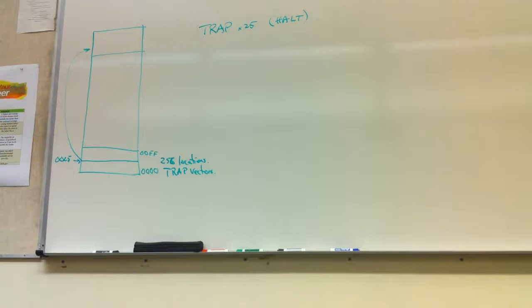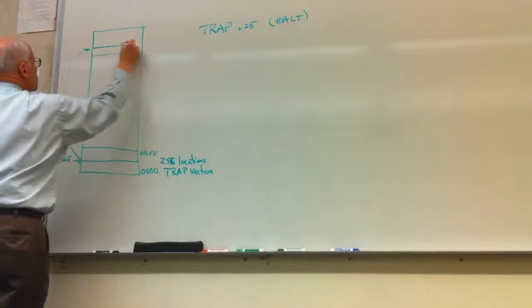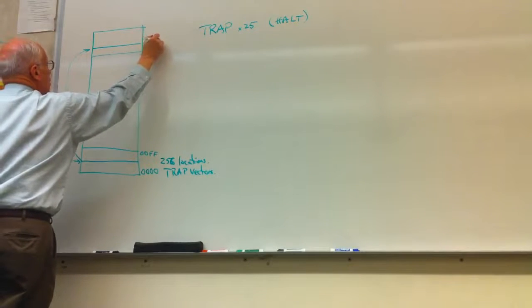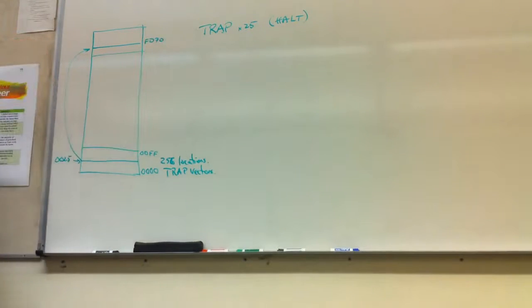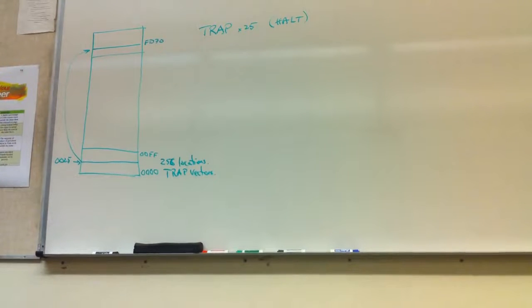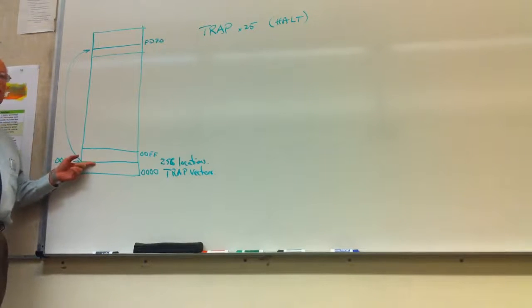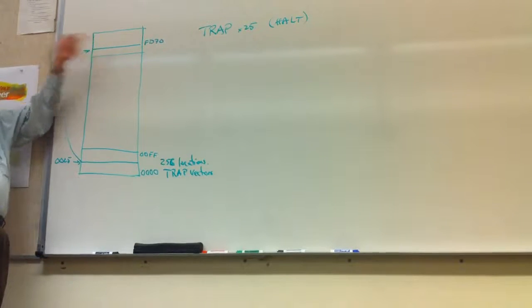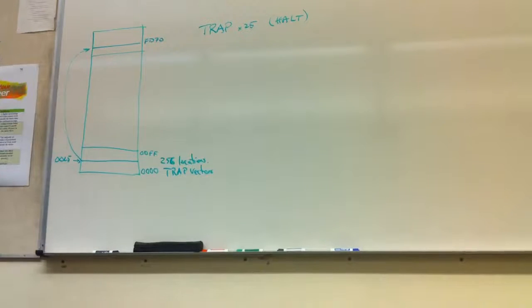Yeah, FD70. There's really no need to remember something like that, just to remember how this thing actually operates. So what this thing holds is something that points to something else, okay? Well, that's what vectors do, they point. One of the reasons why the thing is called a vector.